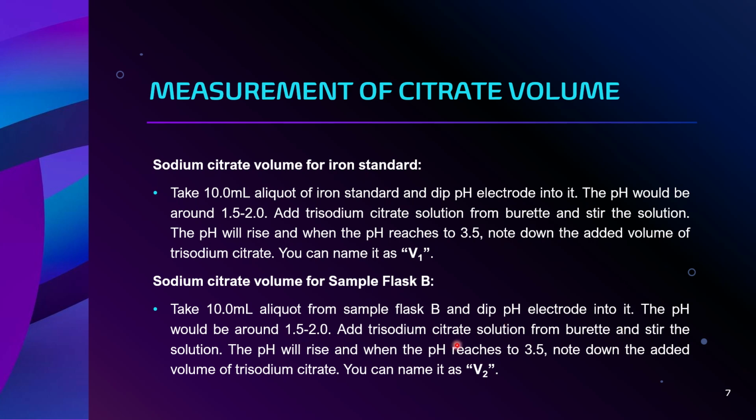When you add trisodium citrate and the system pH reaches 3.5, you note down the volume, and you can term this volume V2. V2 means the volume which was required to reach pH 3.5 for sample flask B.